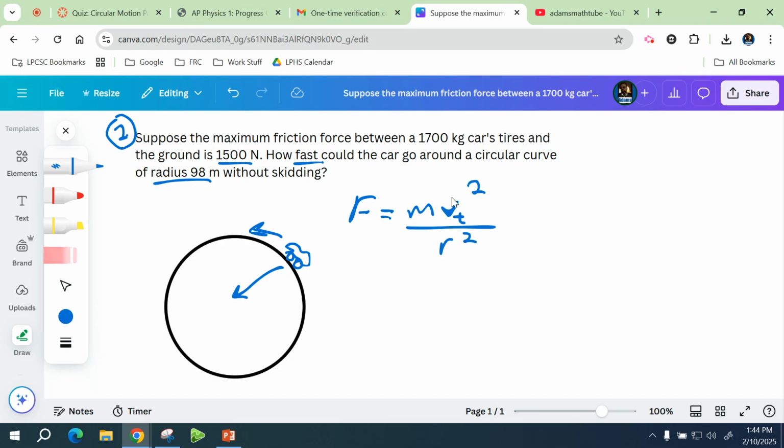So what I want to do is solve for velocity. To do that, I'm going to multiply both sides by r. And when I do that, I get r times F is equal to the mass times the velocity squared, and then I divide by the mass.